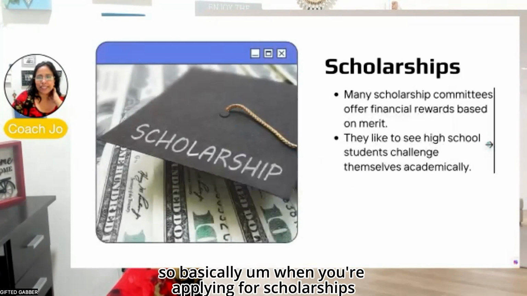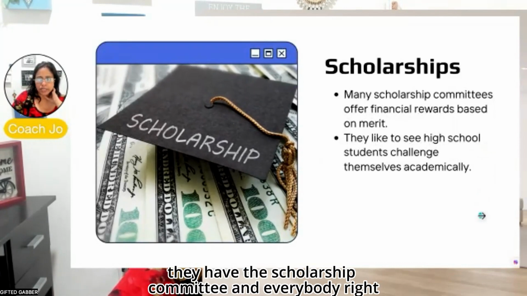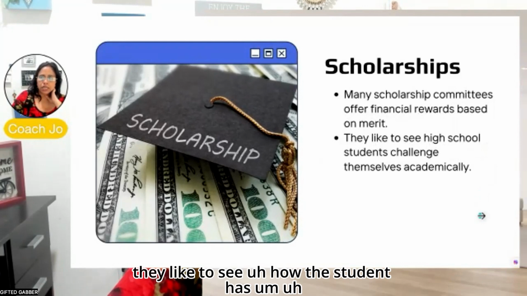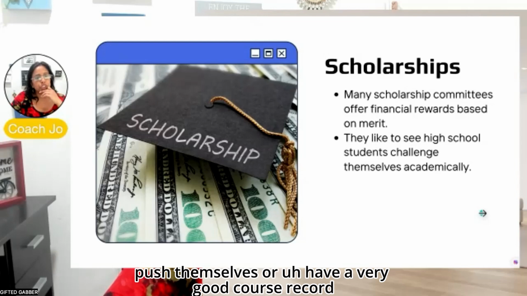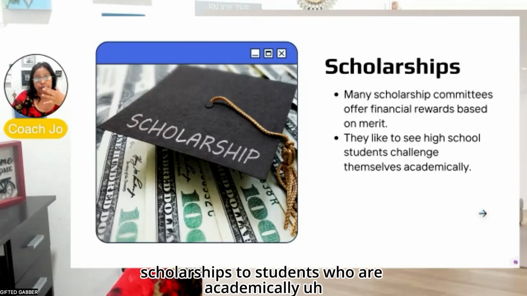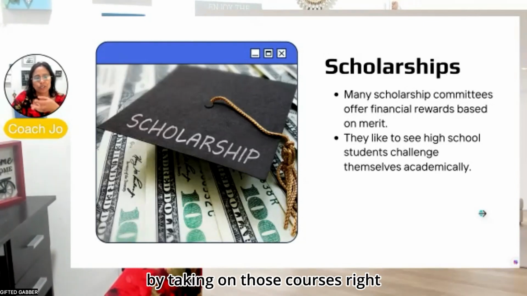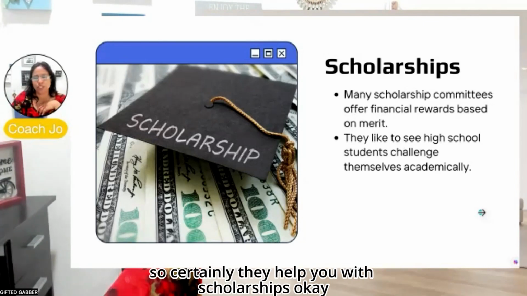Okay, so basically, when you're applying for scholarships, they have the scholarship committee and everybody, right? They like to see how the student has pushed themselves, or has very good course rigor. And they do award scholarships to students who are academically ahead. How do you show you're academically ahead? By taking on those courses, right? So certainly they help you with scholarships.